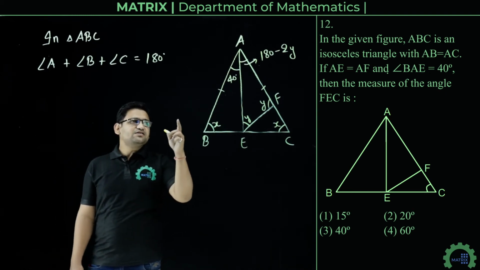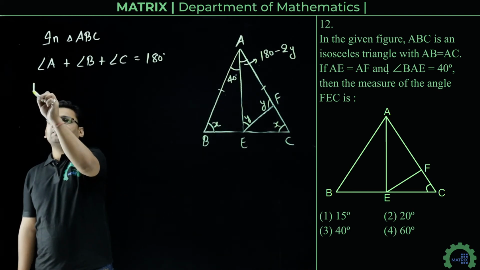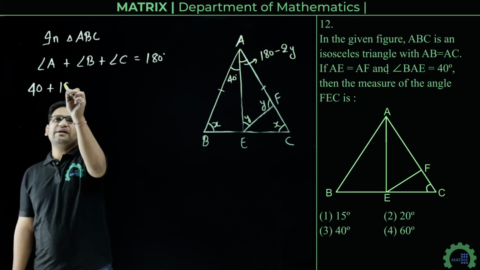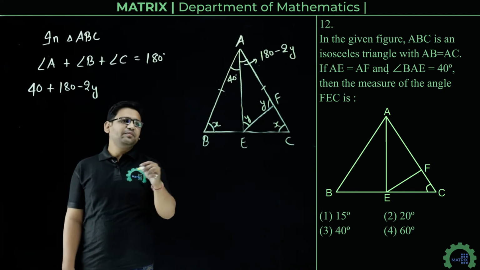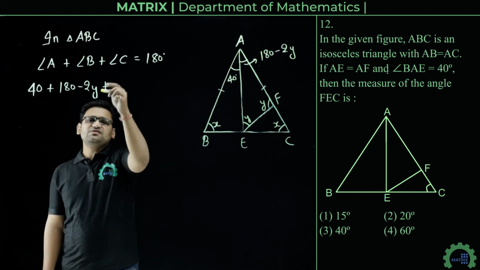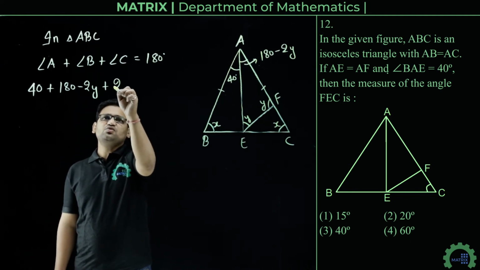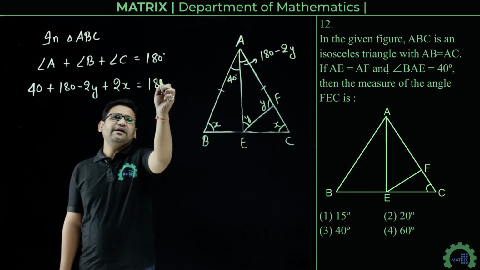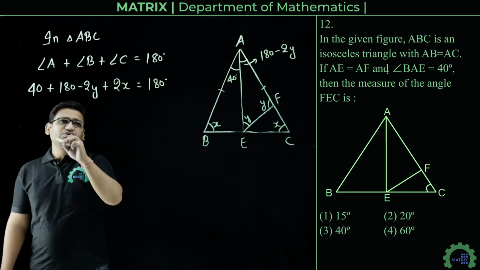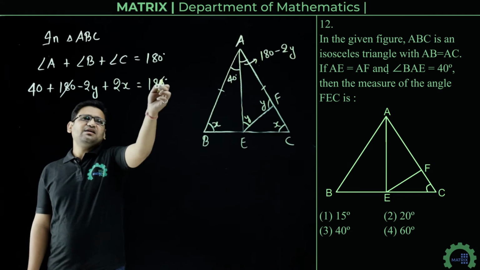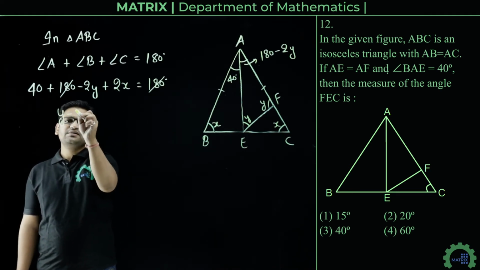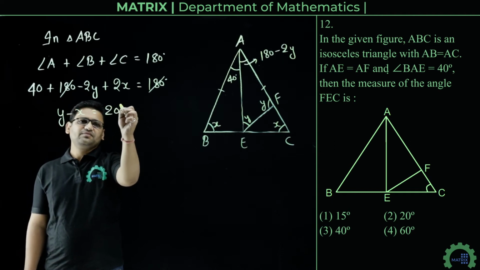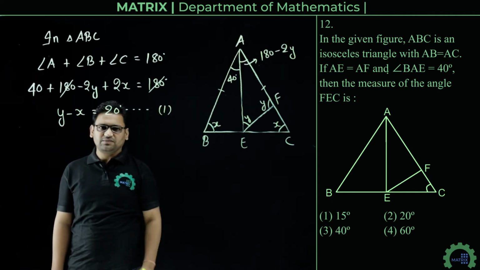Here angle A is 40 plus 180 minus 2y, and angle B is X and angle C is also X. So X plus X is 2X, that is equal to 180 degrees. So finally 180 cancels out, and we get y minus x is 20 degrees. Let's say this is equation number 1.